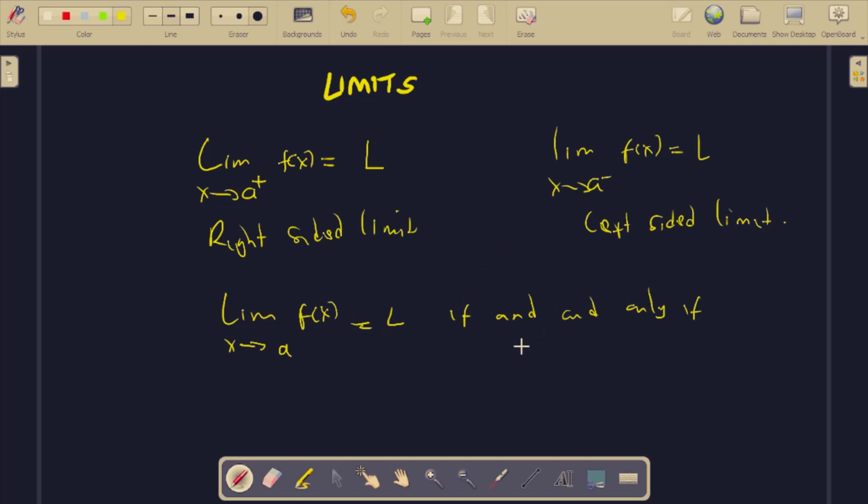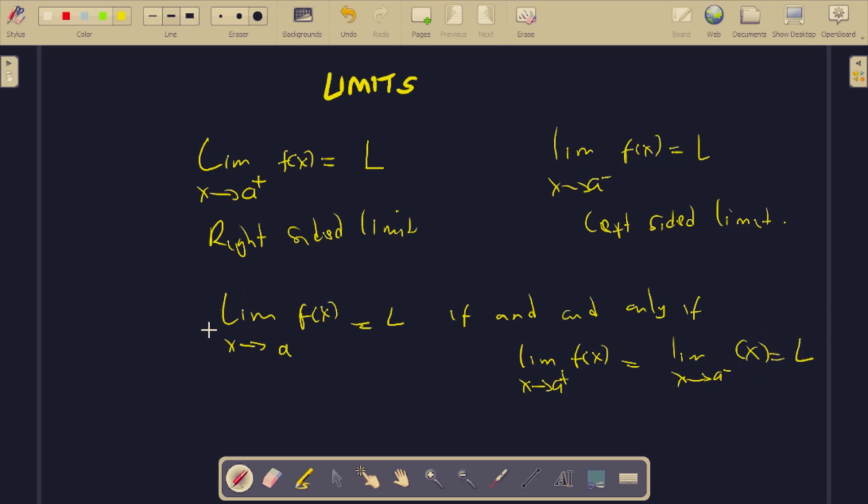That is, the limit of the function f of x as x approaches a from the right hand side is equal to the limit as x approaches a from the left hand side. So when they are equal, then that value is L.